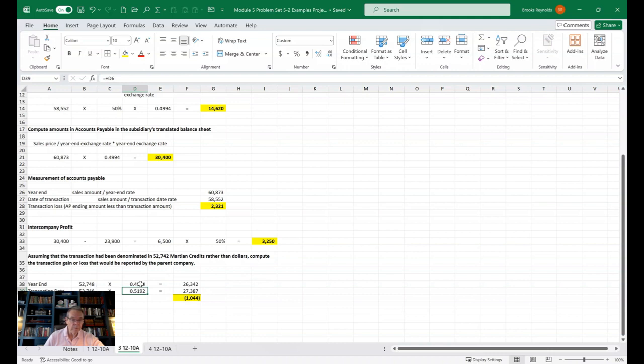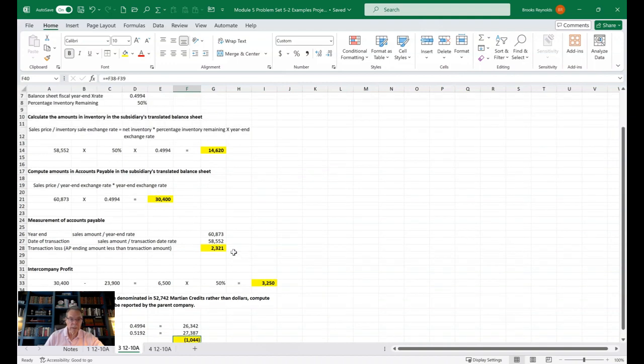So all we're doing is making the conversion of end of year and the conversion of during the actual date of transaction. And because the end of year amount is less than the original transaction date, that is a transaction loss.